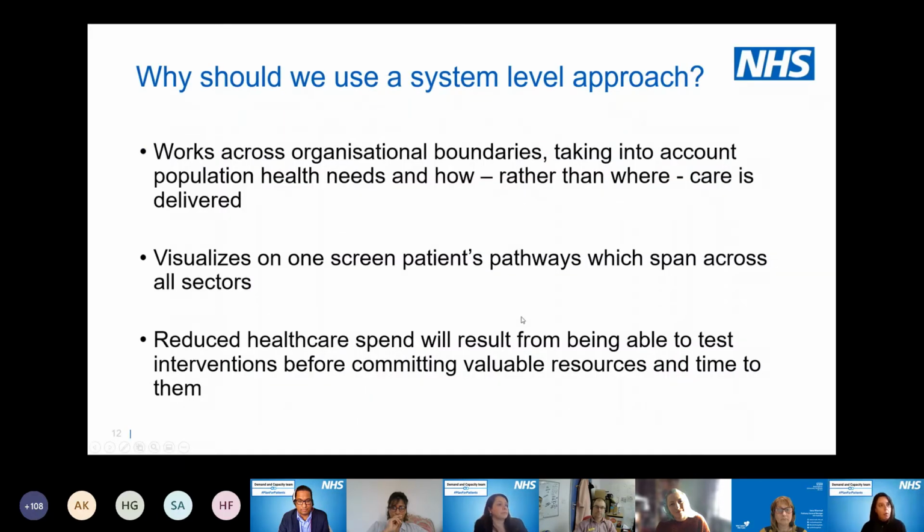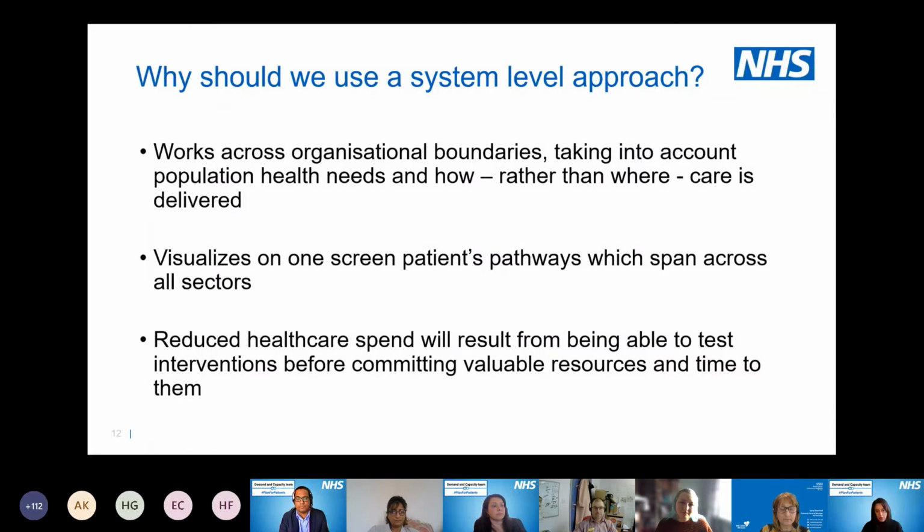So why should we use a system? The first question was, why should we use modelling? Because it's safer to do something on screen and test it out in a virtual world before we do something. And the second thing is, why should we use a system level approach? As I said before, it allows you to look across organisational boundaries and test out where you put your capacity and what the impact is on the rest of the system.